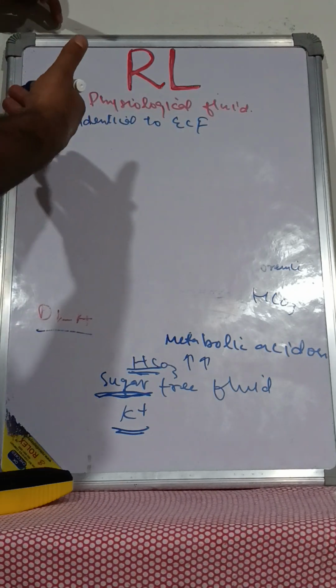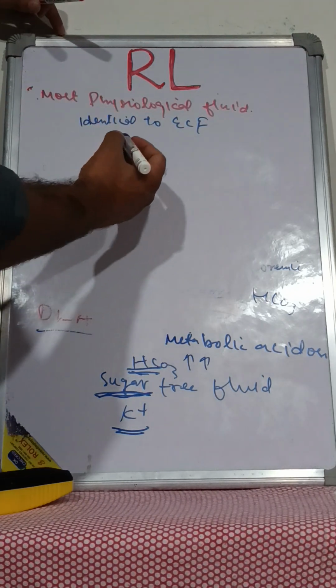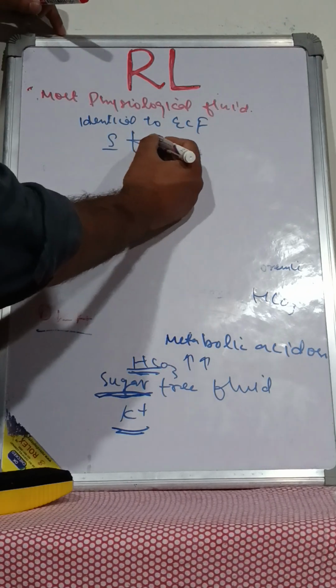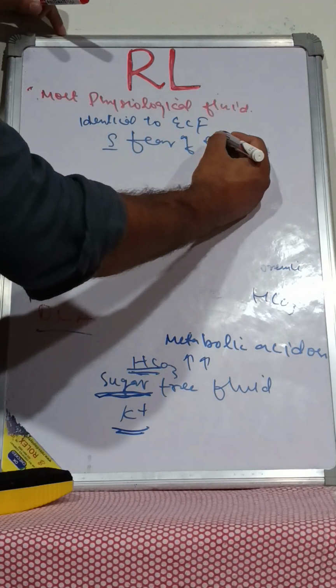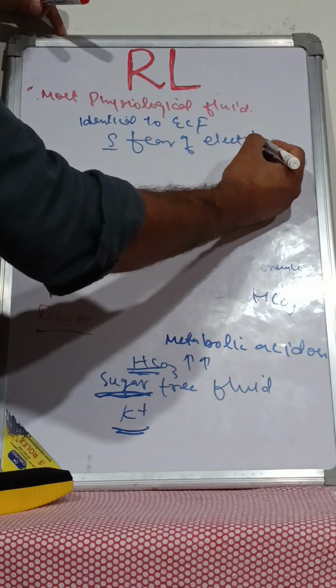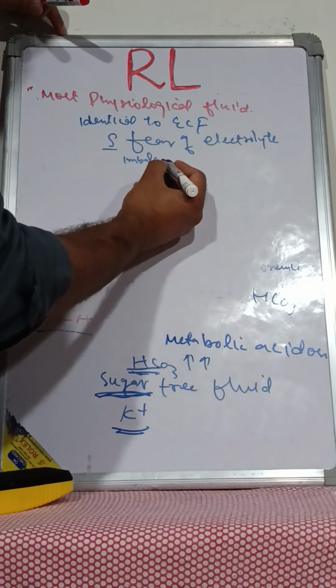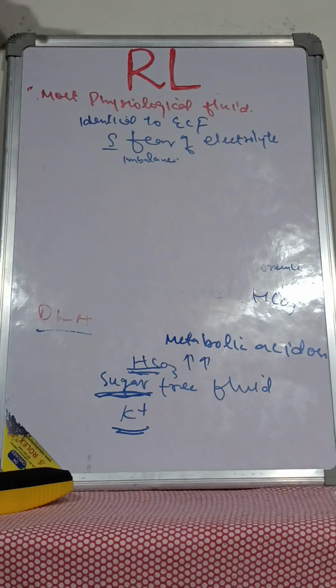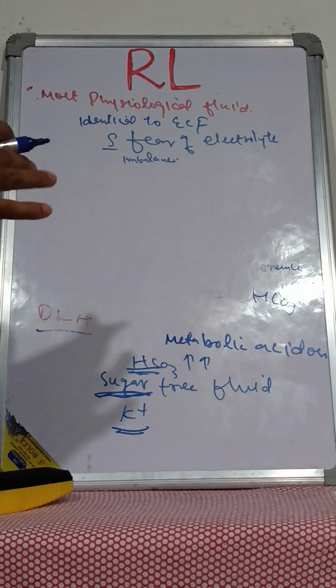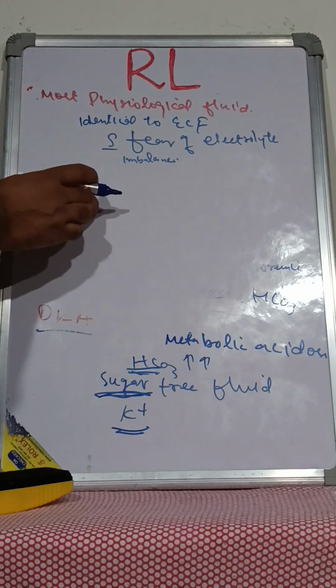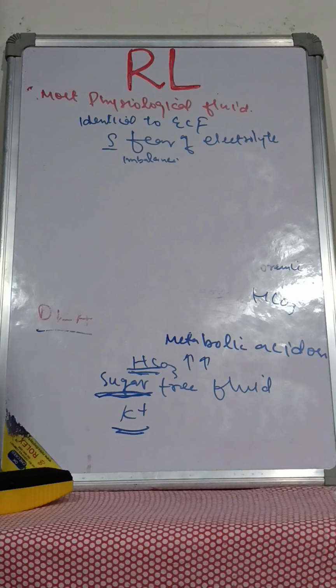So you can infuse large volumes without fear of electrolyte imbalance. If there is fear of electrolyte imbalance and nothing else is available, give him RL. So it will rapidly correct the hypovolemia.